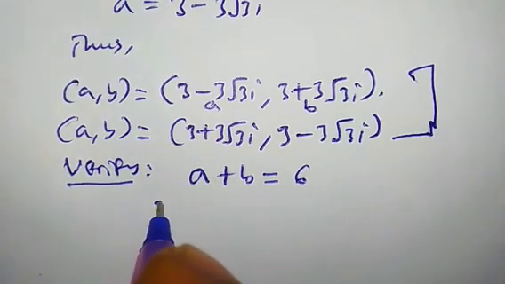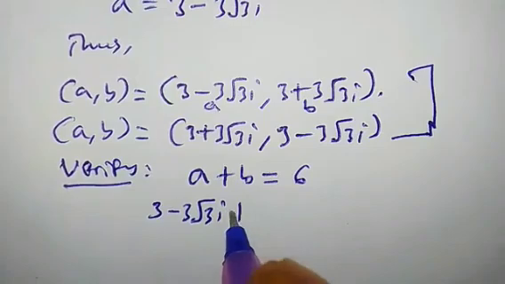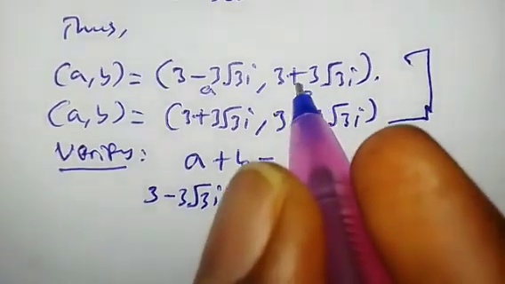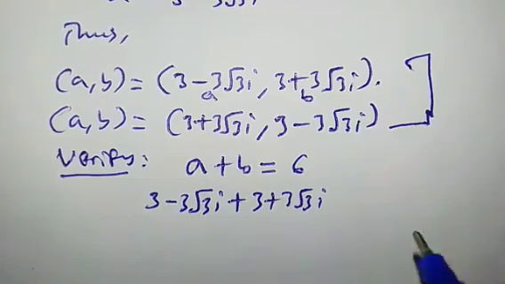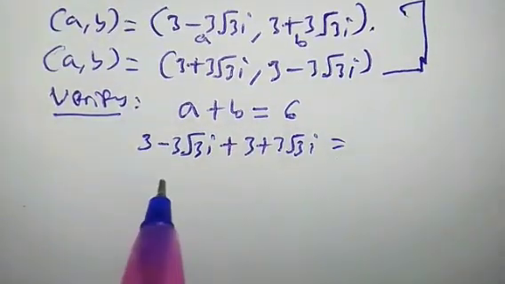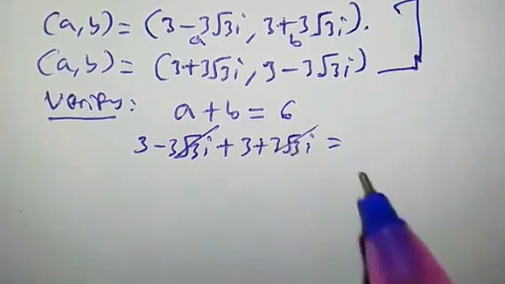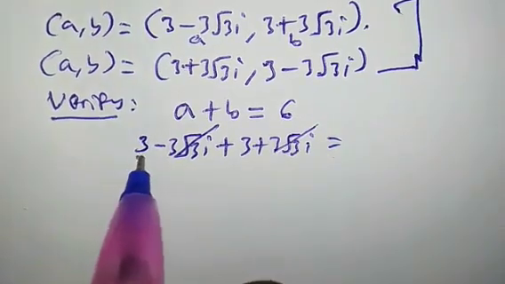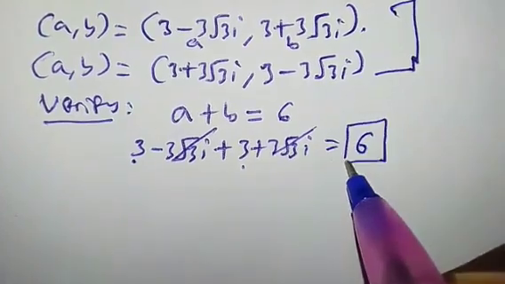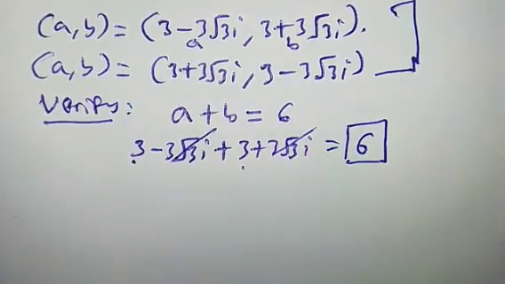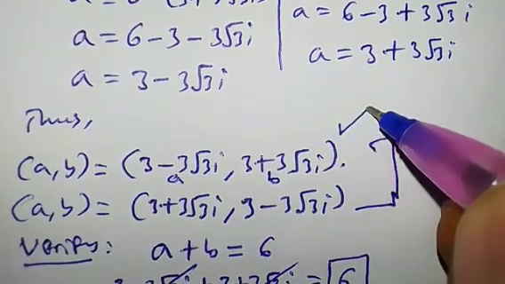So doing that, we have 3 minus 3 root 3 i plus b, which is 3 plus 3 root 3 i. This is equal to, clearly, minus 3 root 3 i plus 3 root 3 i goes. We are left with 3 plus 3, which is 6. This is exactly what we have on the right hand side of this equation. That means the first solution is correct.